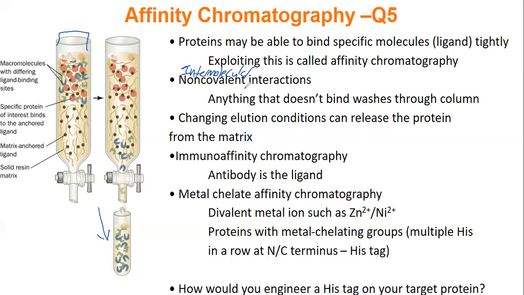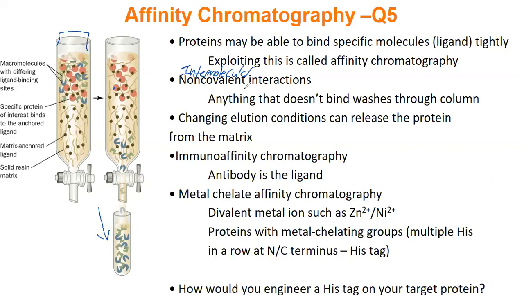It's all electrostatics. It's all hydrophobics. So it's just that non-covalent interaction. And what you do is change your solvent, your elution conditions, to make your protein not bind the ligand anymore. There's 2 main types that are really useful.